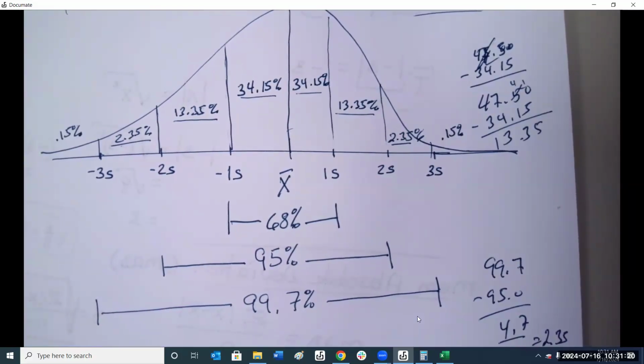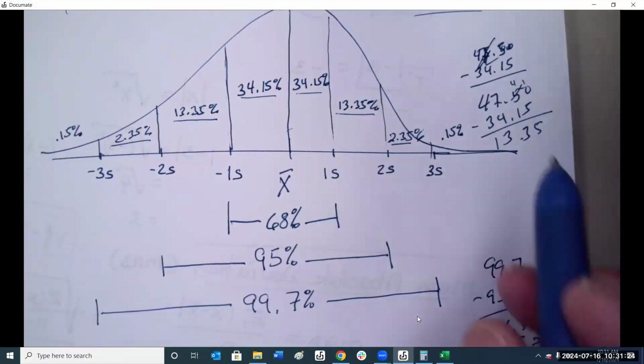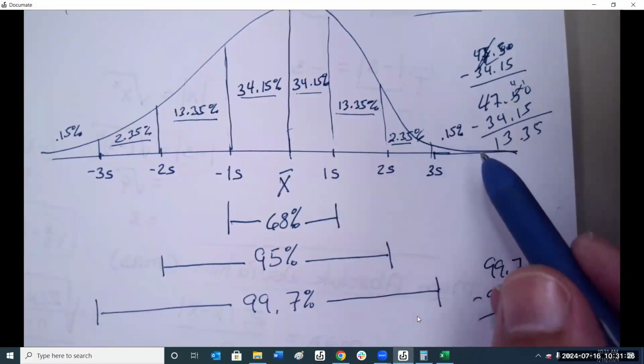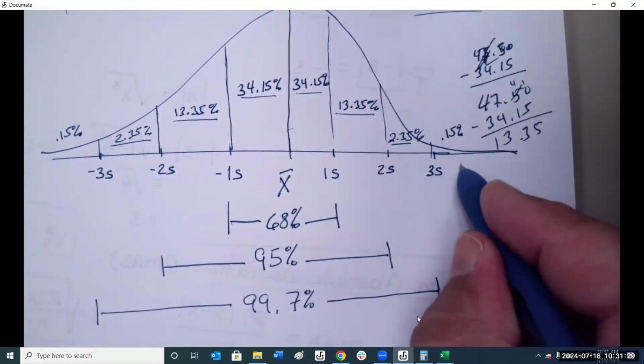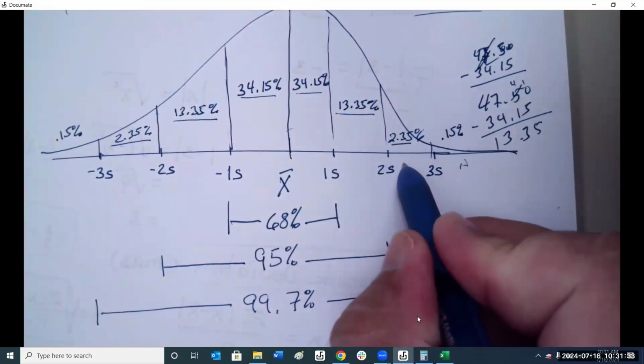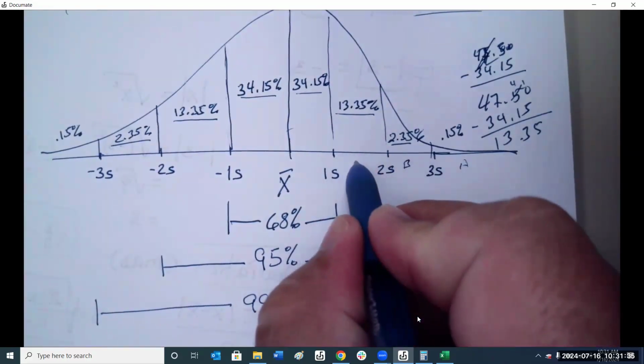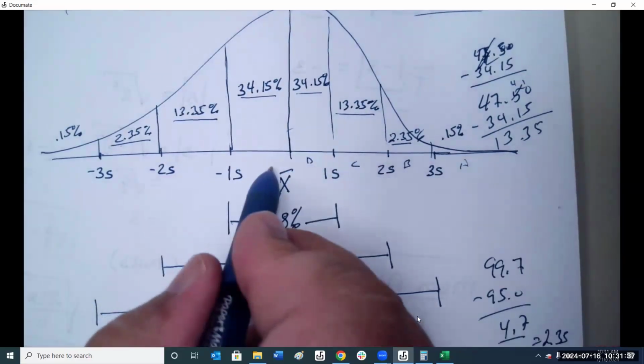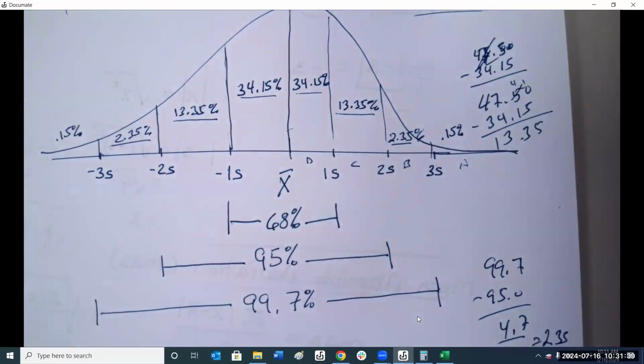This is how bell curves work when teachers use those to grade. The top 0.15% of the class will make an A. The next 2.35 will make a B. The next will make a C. The next is a D, and the 50% will fail. I say it's not fair.